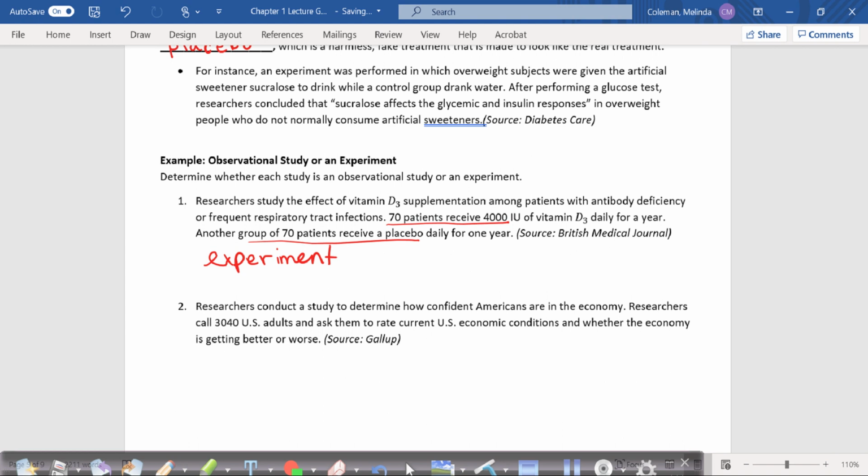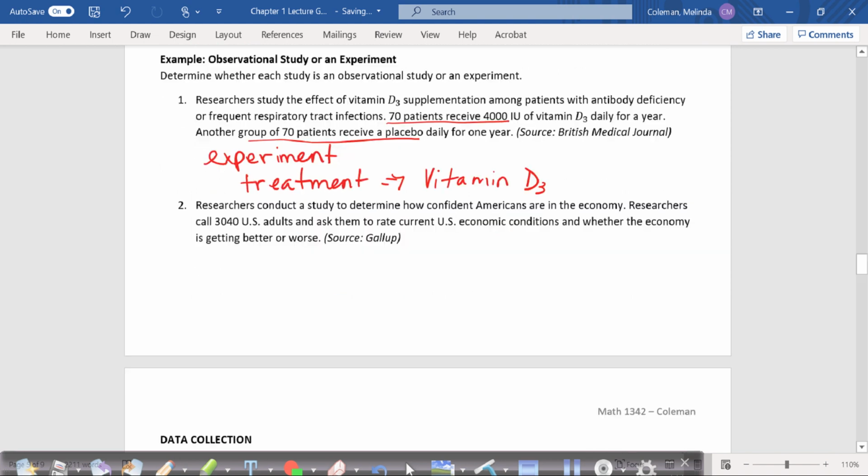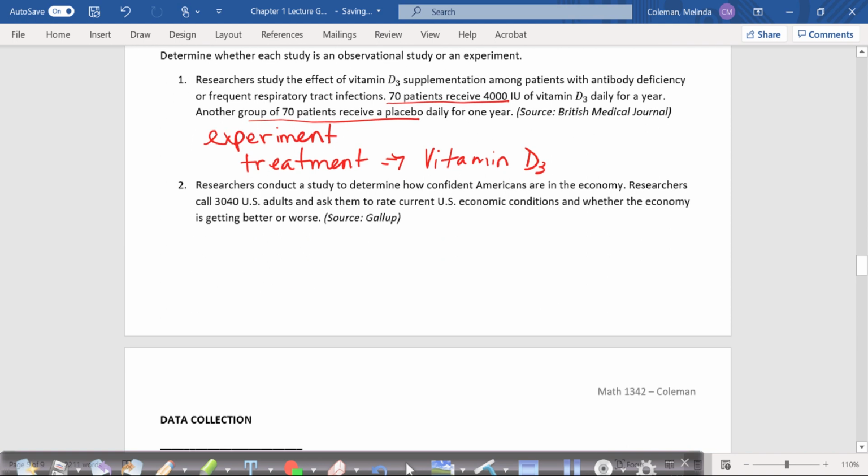There are 70 patients in the treatment group, 70 patients in the placebo group, and their treatment is actually the vitamin D. No conclusions were mentioned in this case, so we don't know what the results were, but we don't have to, just to determine what kind of study it is.